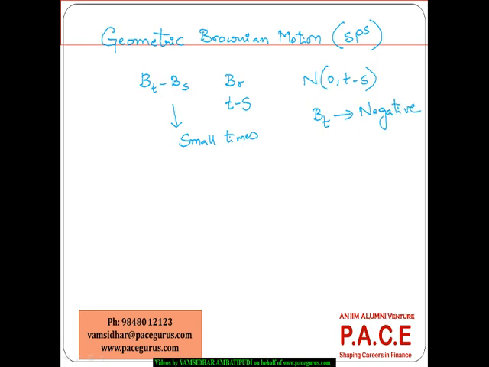And I can't take Bt as the stock price here because a stock price can never be a negative value. So this regular Brownian motion, the standard Brownian motion, may not work for describing stock market prices or indices in the long run, because there is a possibility that this value can become negative, whereas in reality the stock prices and the index values cannot be negative.